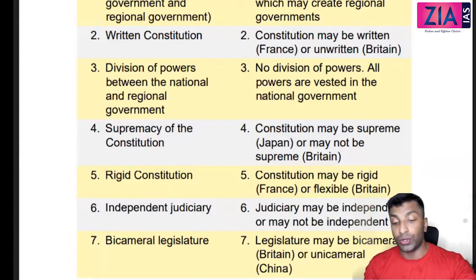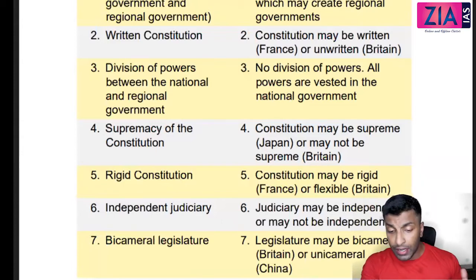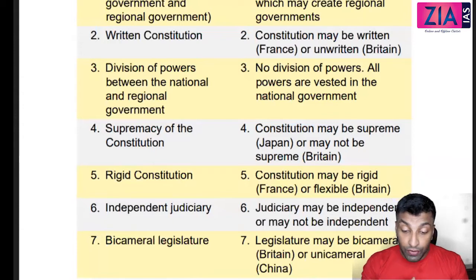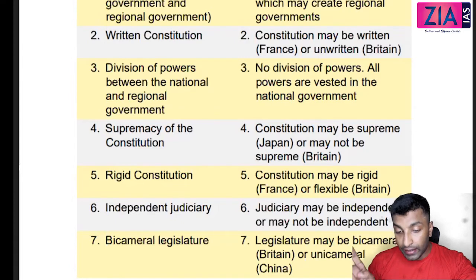In that context some are rigid, but in many cases, even changing the name of the states and boundaries, the states don't have any say. Even the parliament can make laws altering the name of a state or its boundaries with a simple majority. So in those cases, it is flexible.